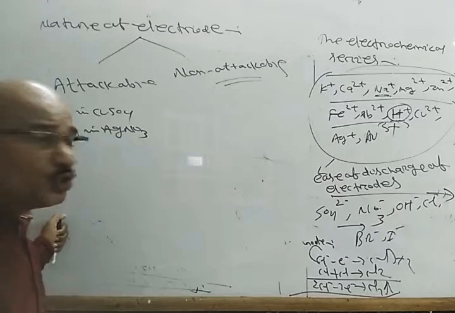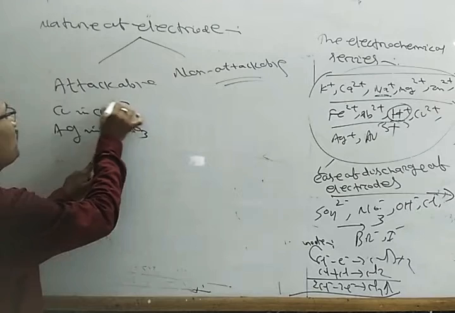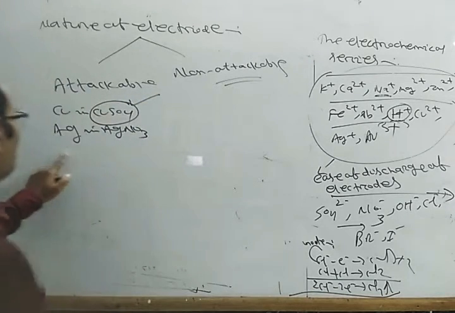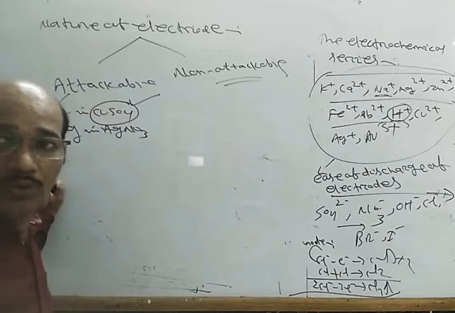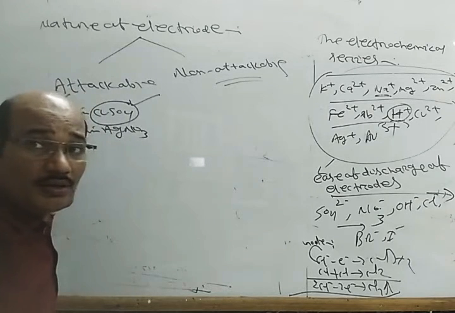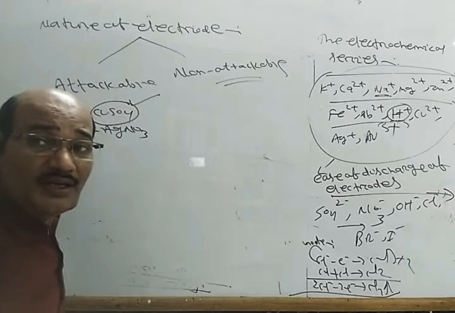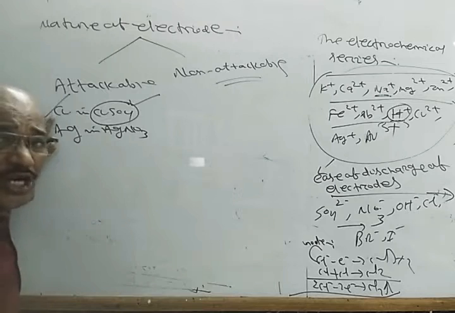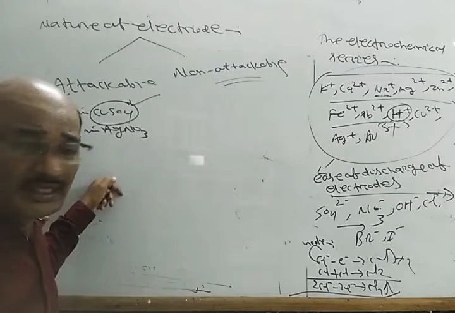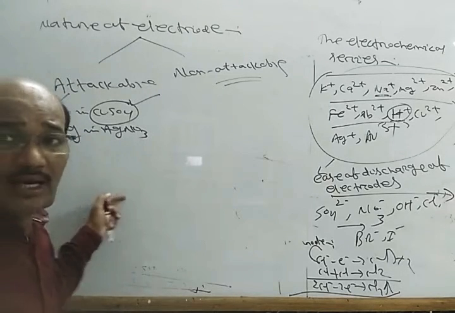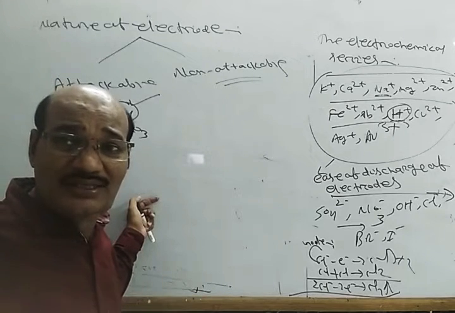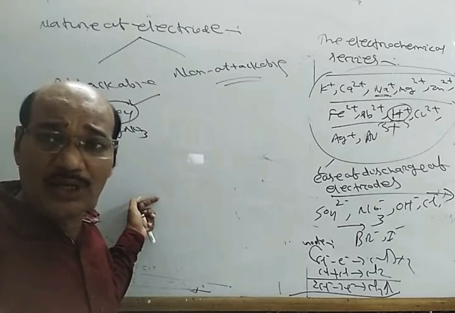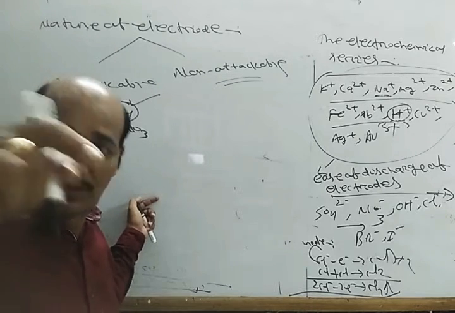So if we have copper sulfate electrolyte and we have made the anode copper, then the copper electrode will take part in the reactions. At the anode, the copper will dissolve into Cu2+ ions. It will undergo oxidation. Now the anion will not migrate towards the anode; copper itself will undergo oxidation.